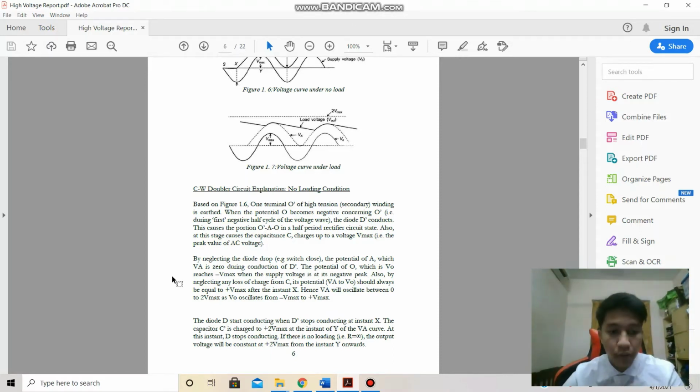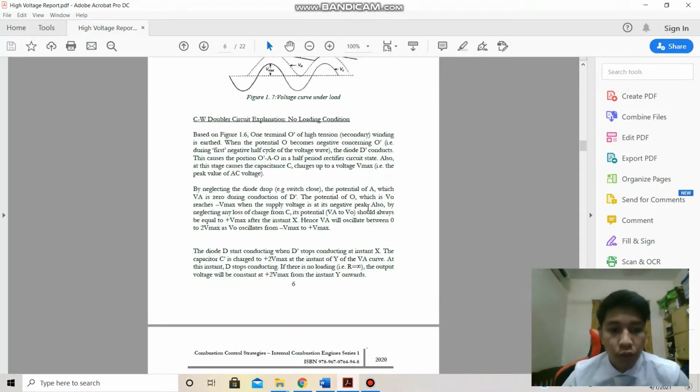There is also a lossless charge from the capacitance, and the potential shall always be equal to Vmax after the instant x.